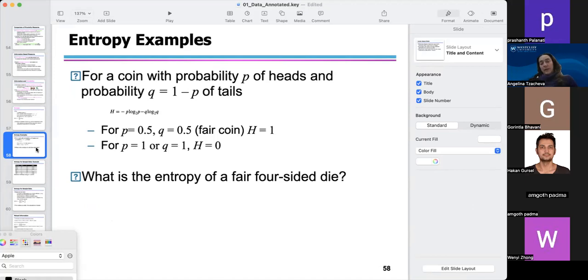So we would like to answer a certain question, let's say, is this customer profitable for us or not? Or if we're calculating the risk for giving a credit card or a loan to a customer, is this customer high risk or low risk? So entropy can allow us to answer this kind of question.